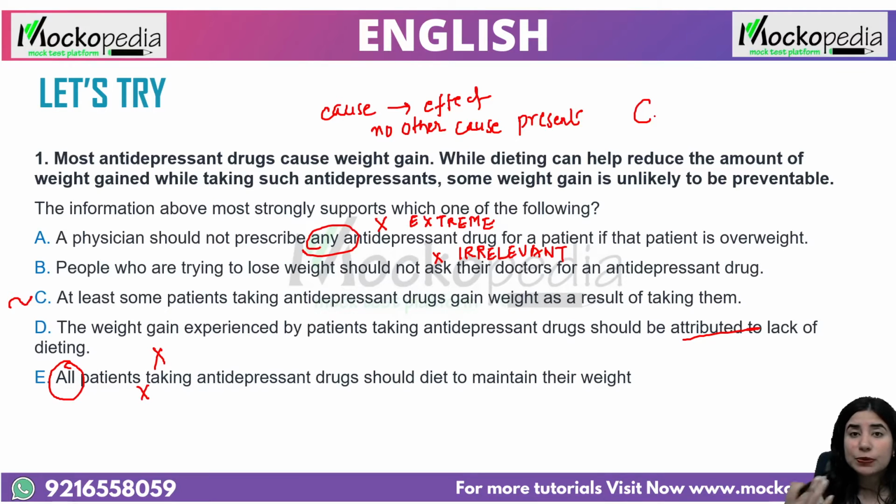Right? So, since we did it together, I'll give you a minute, a complete minute. Please try this on your own, and then we are going to move to the next question. Just see whether you are convinced with C. I'm sure you would be.